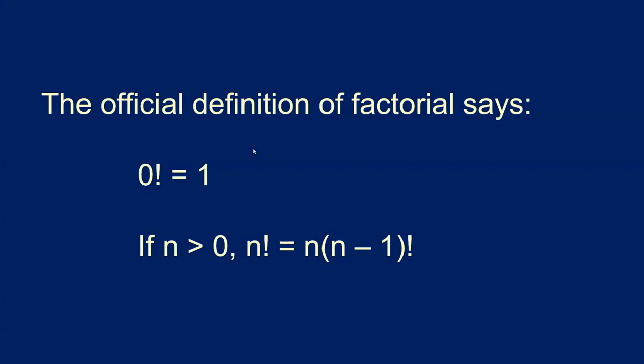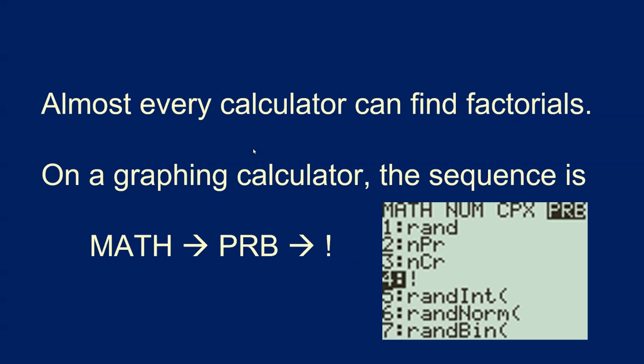And if you have any number bigger than 0, the way you get it is you take that number times the number before factorial. So like if I wanted to find 5 factorial, I take 5 times whatever 4 factorial is. That ends up being 5 times 24, which is 120.